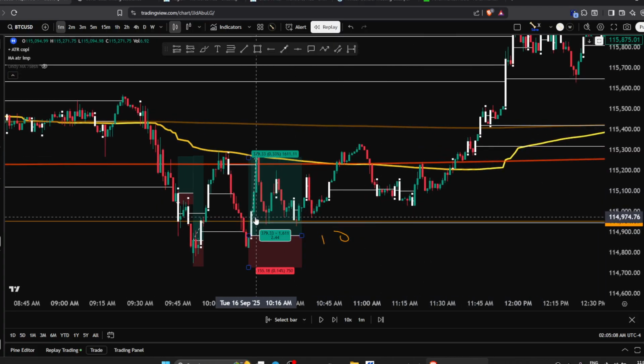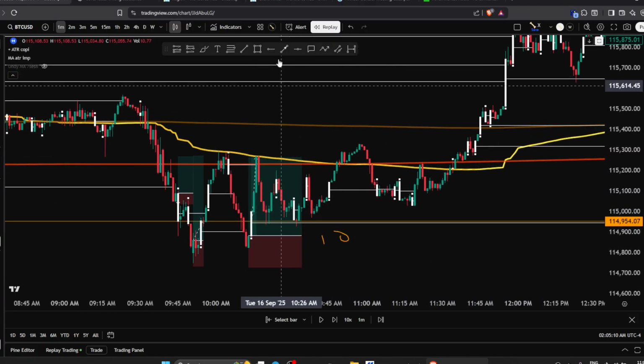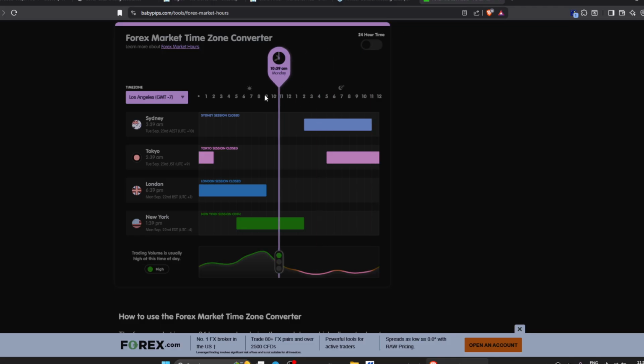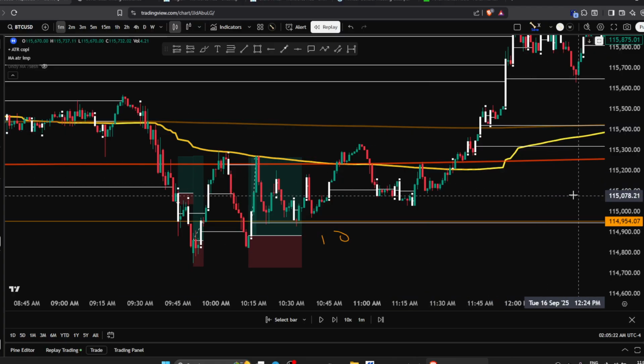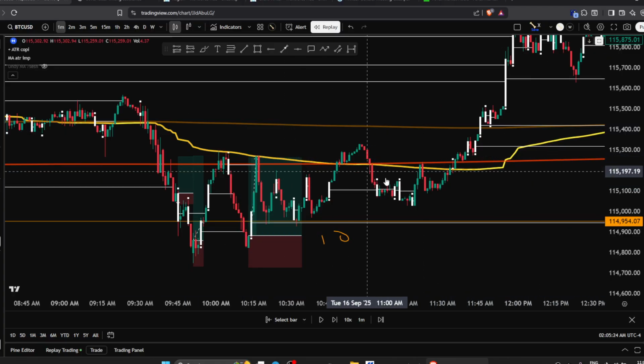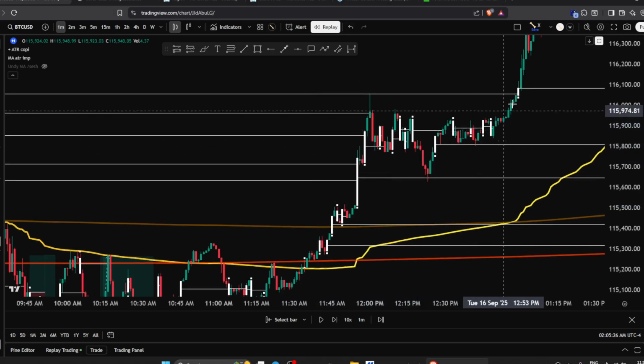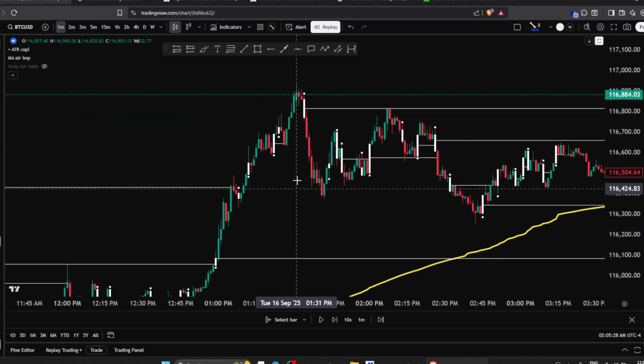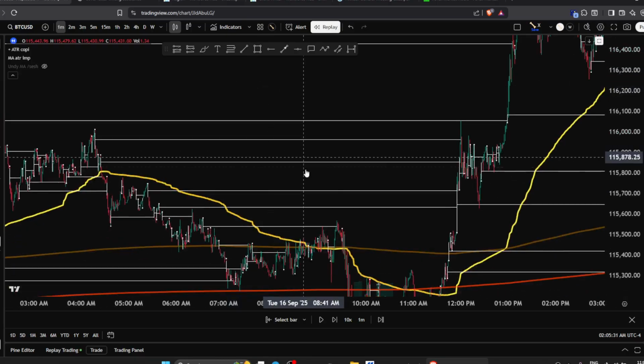Yeah, so that's 10 a.m. New York time. What's that? 10 a.m. New York time is 7 a.m. our time. Or if you want, you could have held it for up until there if you wanted.